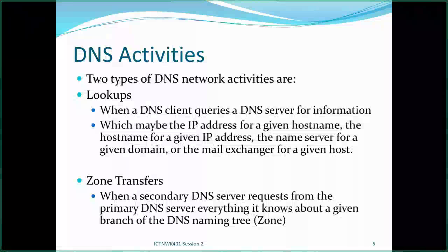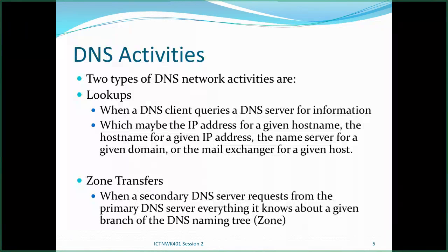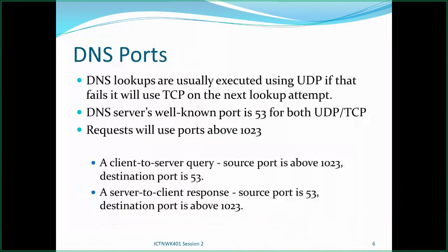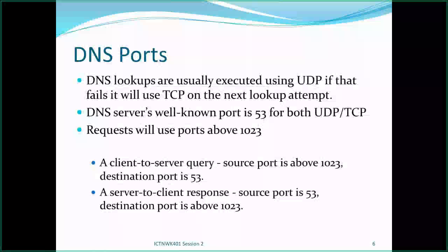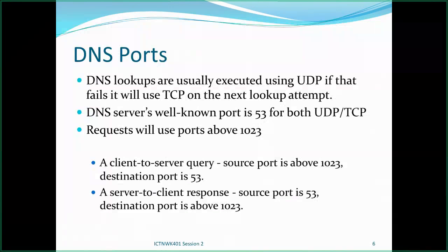And to coordinate all this communication back and forth, DNS uses port 53. Now, it is used in both the UDP and TCP protocols. UDP is an unreliable best effort protocol.